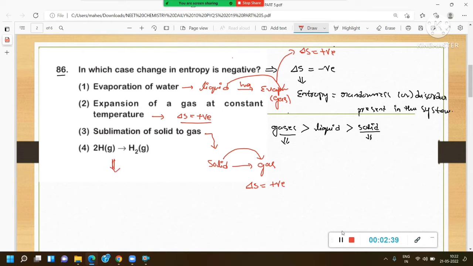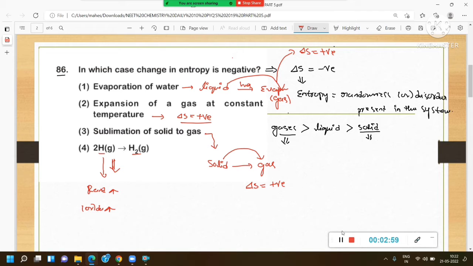Now let us verify option 4. Here two individual hydrogen gas atoms combine to form the H2 molecule. In the individual atoms, the randomness or disorder is high.